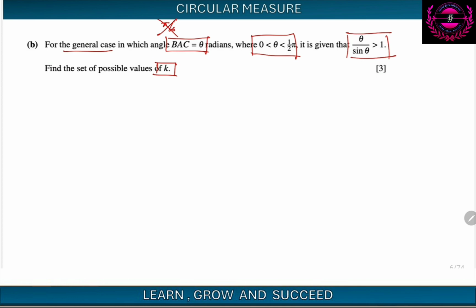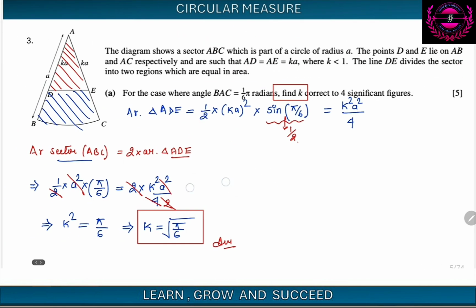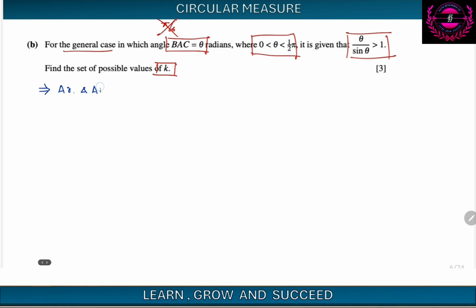This means the area of triangle ADE will be half k squared a squared sine theta, and the area of the sector will be half a squared theta.